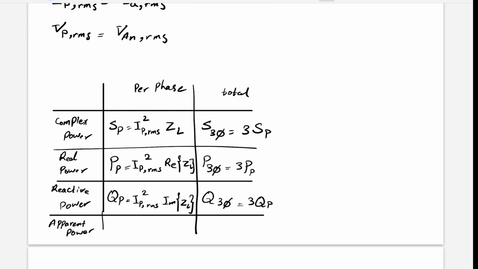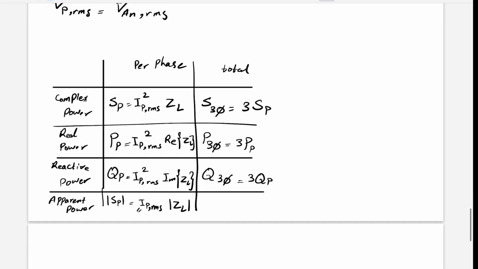And the apparent power, which is the magnitude of the complex power, will be equal to IP RMS times the magnitude of the impedance, or we can simply say IP RMS times VP RMS, right?